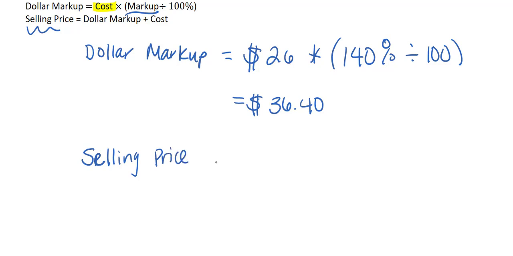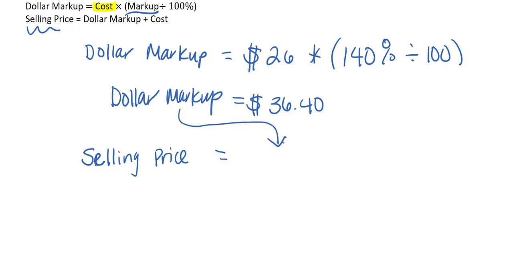And so now we can go ahead and add. So this is dollar markup. We're going to add it right here in the second equation. We needed the first equation to solve for this. And then we add it to the cost.